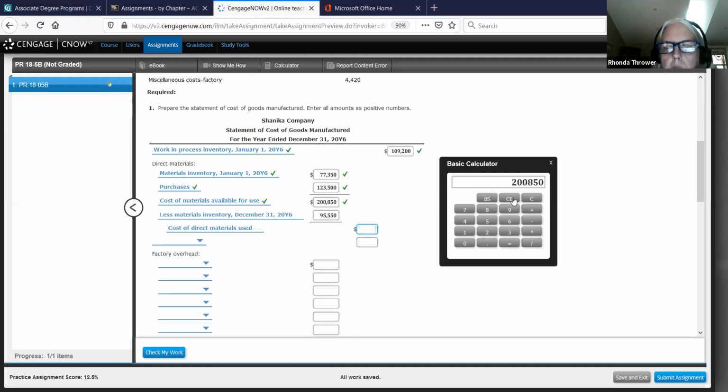And again, we're going to take this cost of materials available for sale and subtract out the ending inventory of the materials, and that will leave us with 105,300 as the amount of the direct materials used.